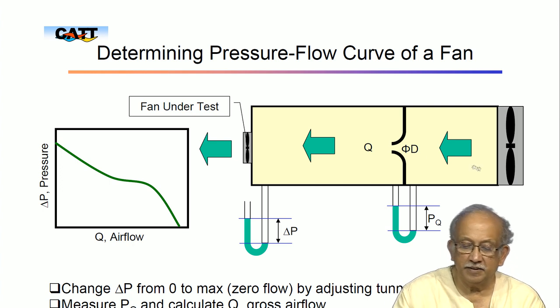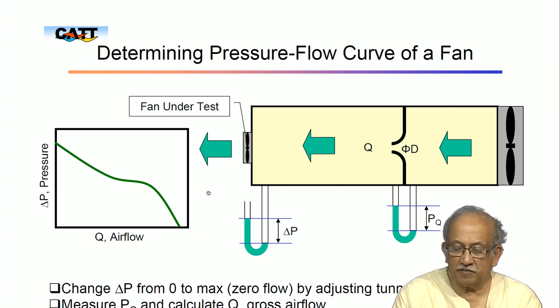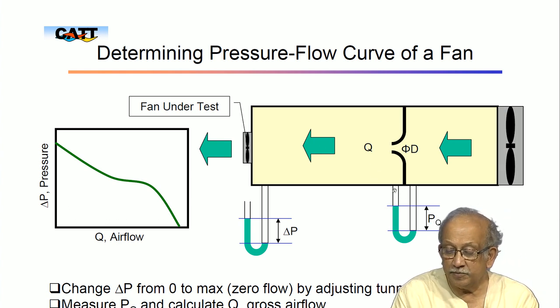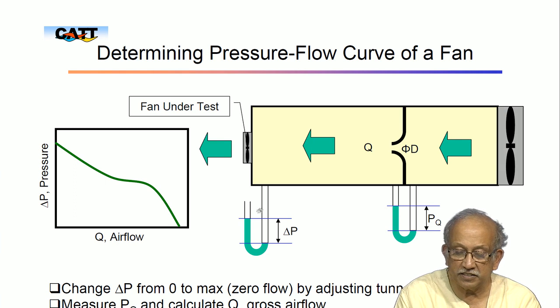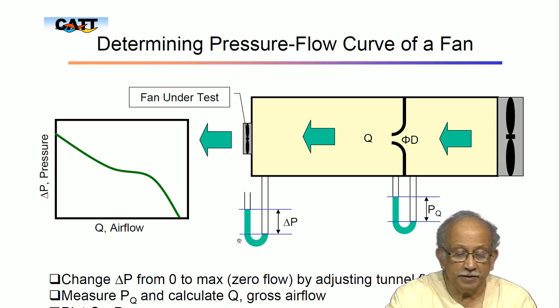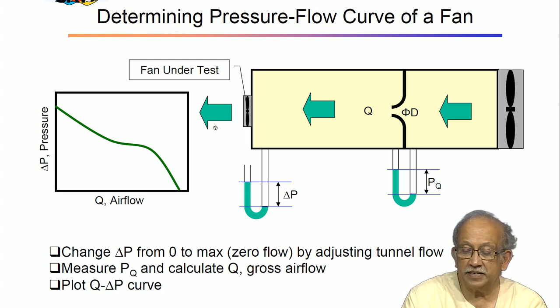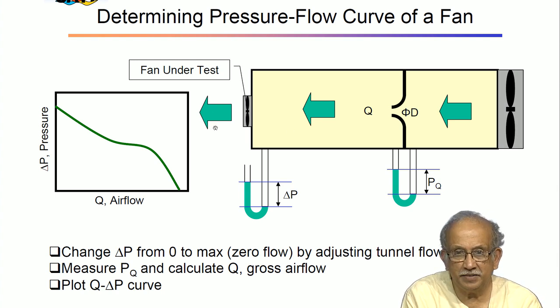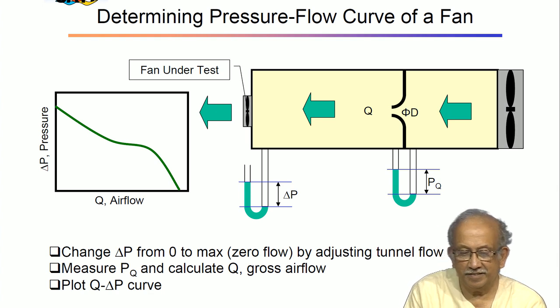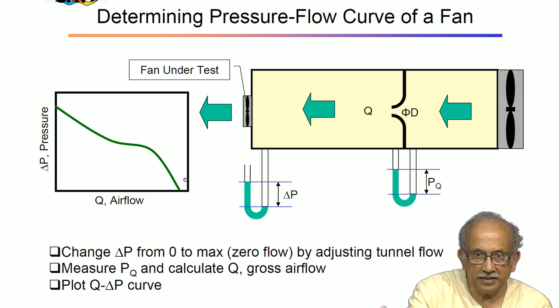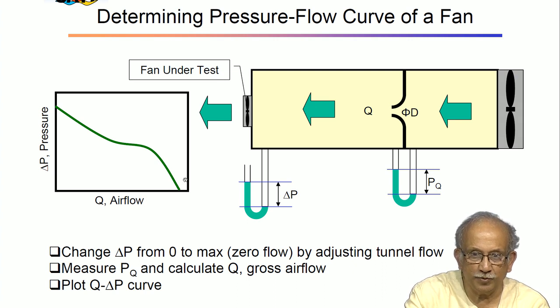We have various ways of measuring a plot here, measuring a plot here, and then try to find out the pressure difference across, which will give you something here, which will give you something here. Based on this, Q versus the small delta P can easily be measured. I will talk to you a little more about it.